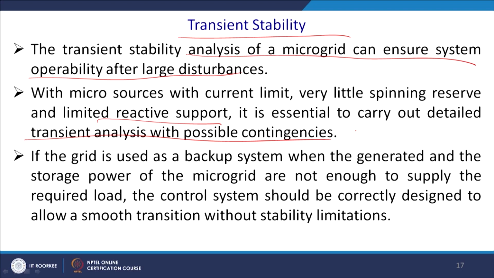If the grid is used as a backup system when the generated and storage power of the microgrid are not enough to supply the required load, that may be your point of action. The control system should be correctly designed to allow smooth transitions without causing stability problems from off grid to on grid and vice versa.